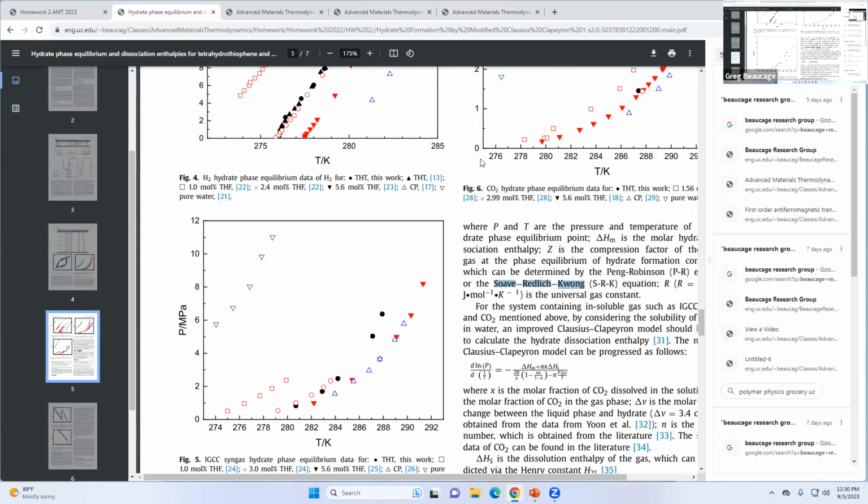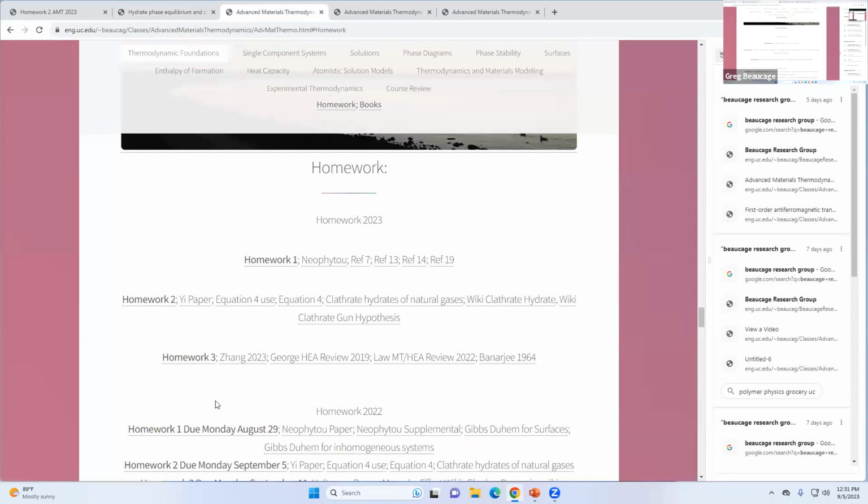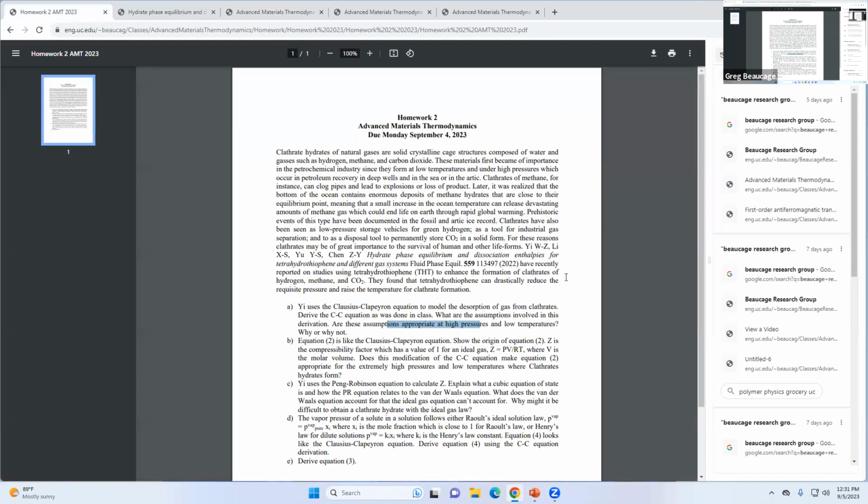the Peng-Robinson equation. I think the original paper uses the Peng-Robinson, and this one derives that equation. Anyway, I think one group didn't get the assumptions on that.